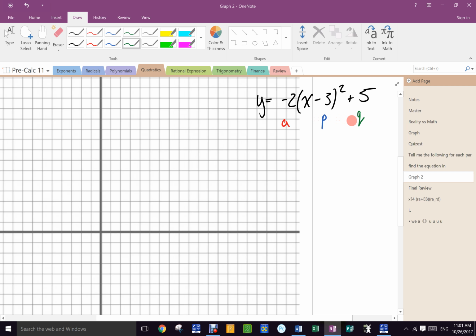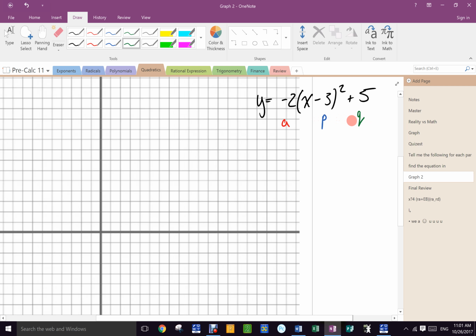P and Q move the vertex, yes? P moves the vertex where? Right or left of 0? Right, because it's got to be opposite the sign, yes? Because I need this to equal 0, don't I? And what makes this 0? +3. So my x value has to be +3. It moved it to there.